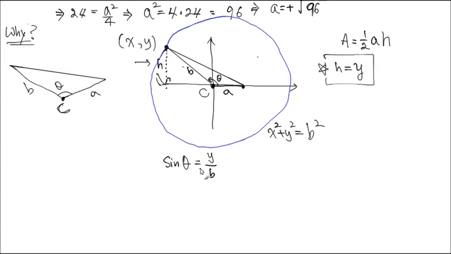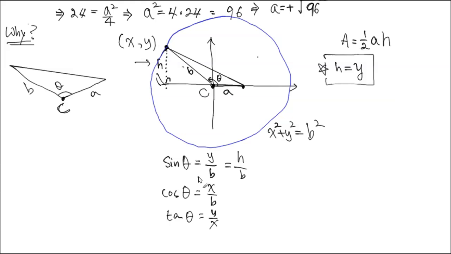But I'm just going to write down the remaining trigonometry. Cosine, x divided by B, correct? Tangent, y divided by x. Okay? But it turns out sine theta is what we wanted, because y is our H divided by B, and this connects H and B and theta. H is the only thing that we created, we labeled, and B is given and theta is given.